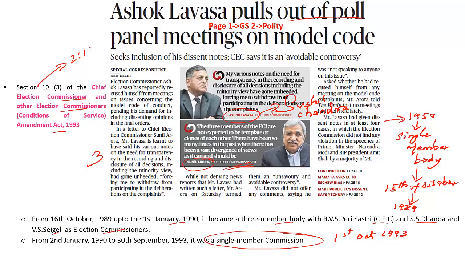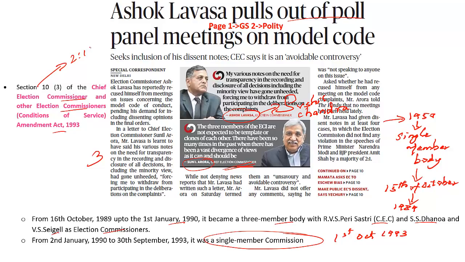So irrespective of who is in the majority or the minority, it is the majority opinion which will be enforced. The point to be understood here is usually the Election Commission or the poll panel wants these commissioners to have a unanimous decision. They want it to come up with a consensus based decision, but in the absence of it, with differences of opinion, it goes with the majority view.